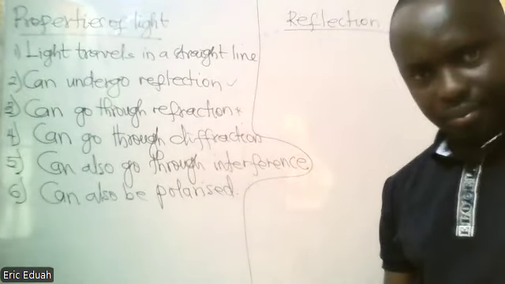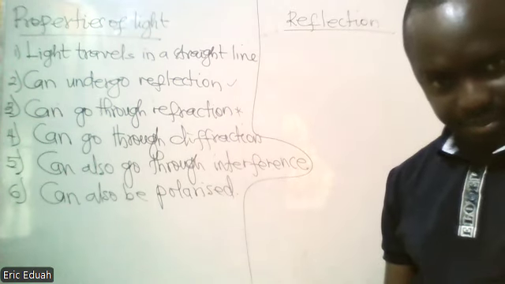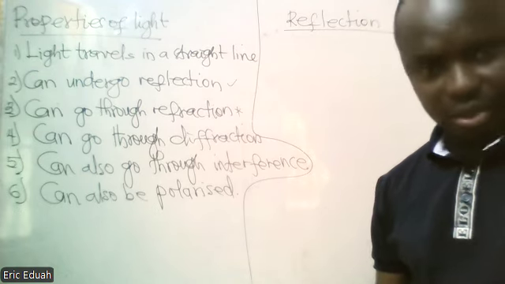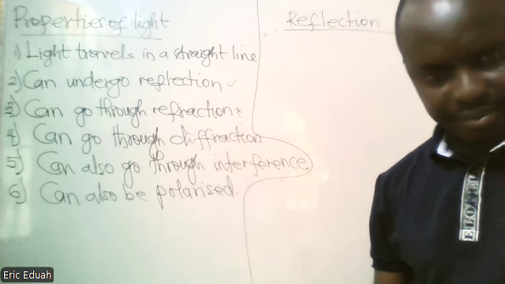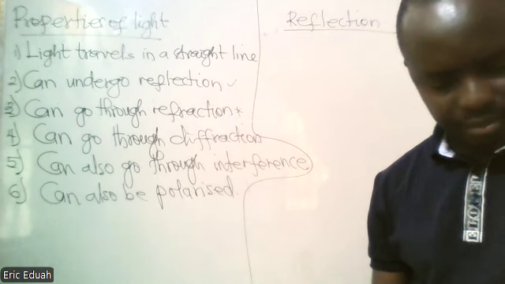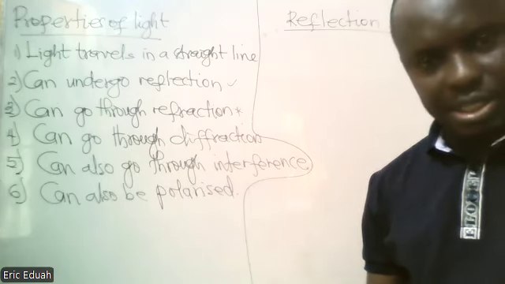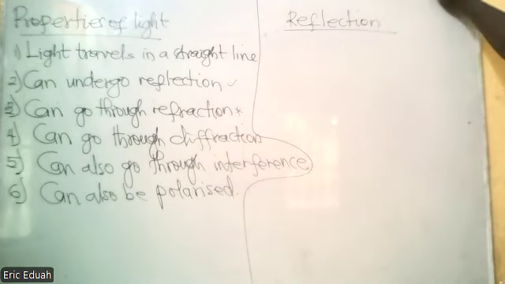Reflection of light is a phenomenon that occurs when a light beam strikes any polished or smooth surface and bounces back to our eyes. So Gabby, in summary, what is reflection of light?